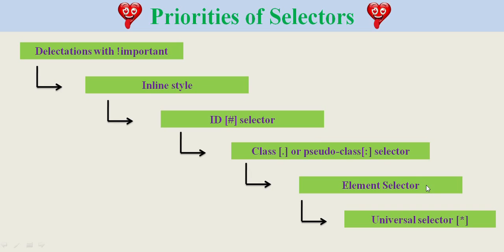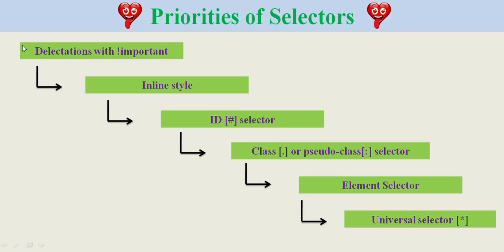But if I declare the important declaration within the element selector, even though the ID selector has the first priority, the property values that will apply to our page are from the element selector. Even though we consider the ID selector as the first priority among these three, if we apply a declaration with important within any of these selectors, that takes the first priority.